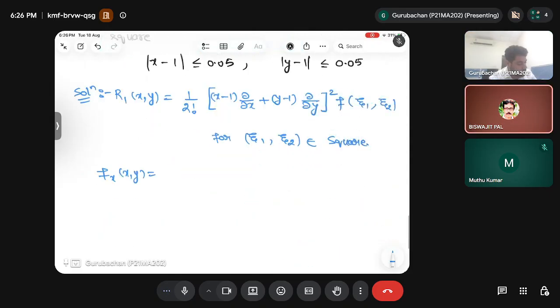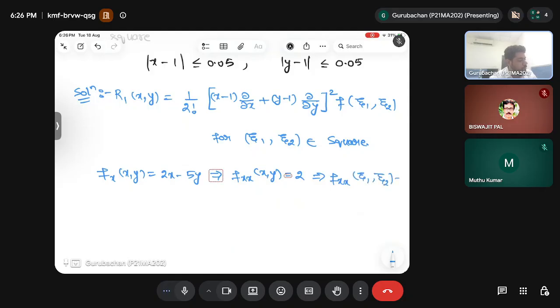Yes, correct. 2 times x minus 5y. So from here it is very clear that f x x at any x y will be 2, and at any point obviously in the square or anywhere it again is 2.